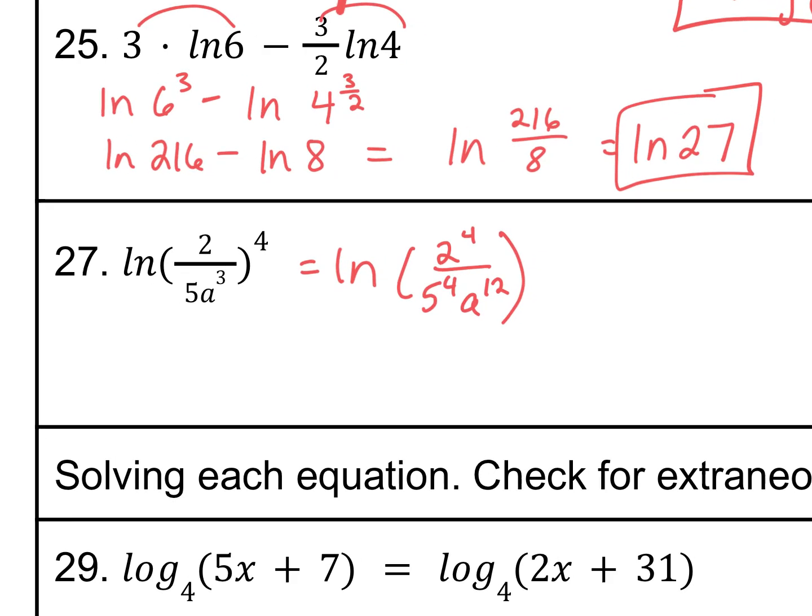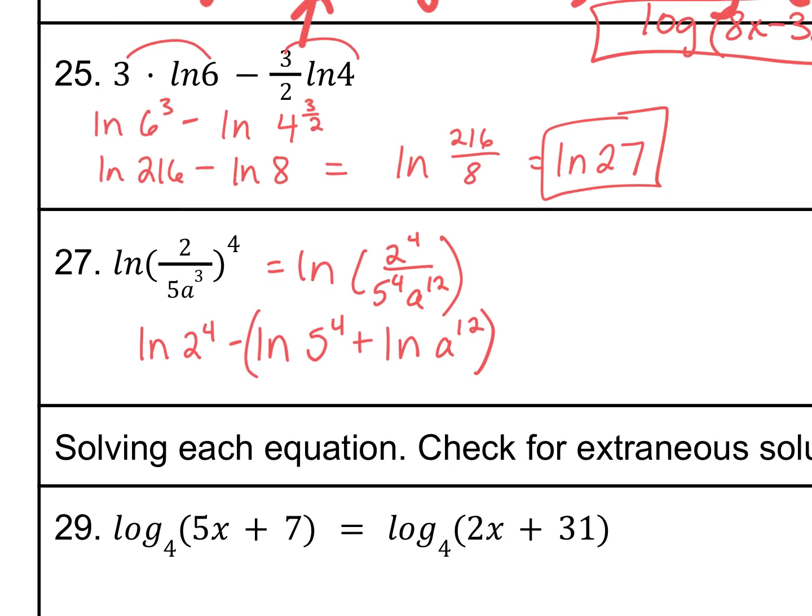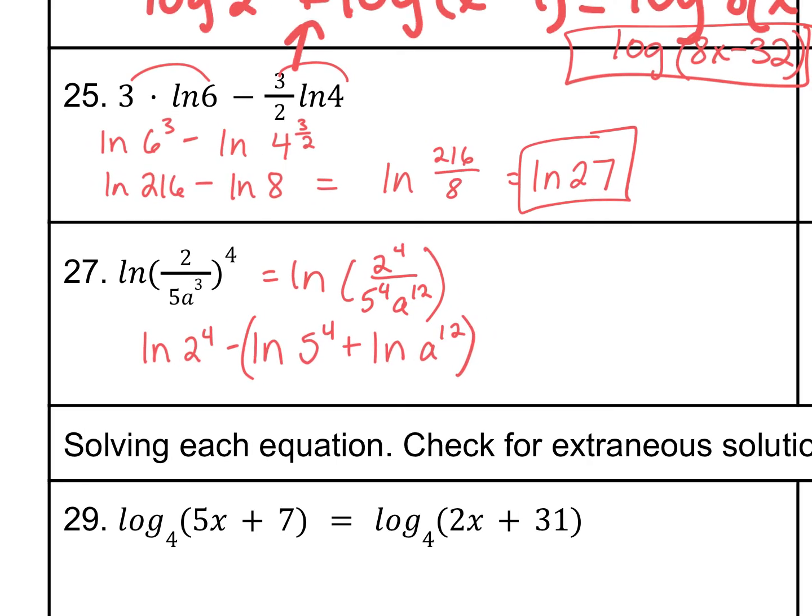We know we got to separate that by subtraction, so we'll have natural log of 2 to the 4th minus natural log of 5 to the 4th, and this would actually be a plus because we're multiplying that denominator together, a to the 12th. Okay, we'll have to distribute out that negative for our next step, and we can also go ahead and move those powers to the front for this as well.